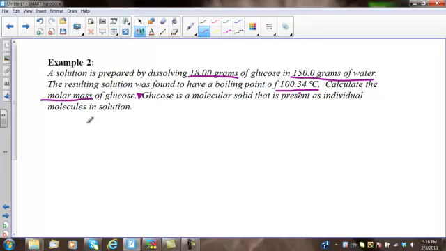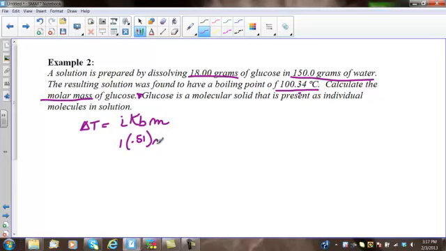So, looking at our formula, delta T equals i Kb m, for molality. What do we need to know? Well, we know that our Van Hoff factor is 1. We know that the Kb is 0.51.